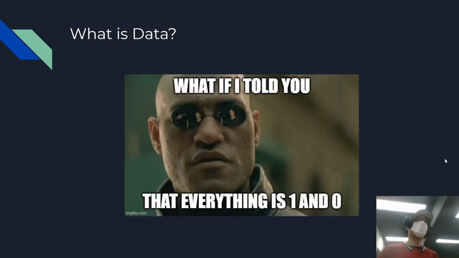So what is data? Well, it's just ones and zeros, right? Now, computers only understand electricity or no electricity, 1 and 0, right? So all of data is just translating electricity and no electricity to something meaningful, like a number or a letter or some structure of data, okay?